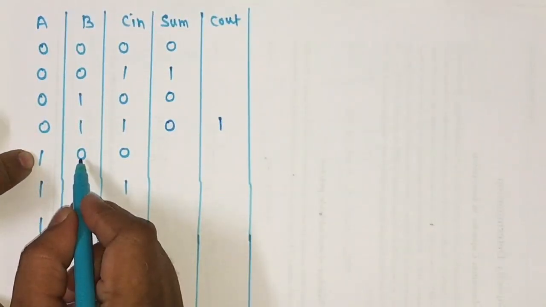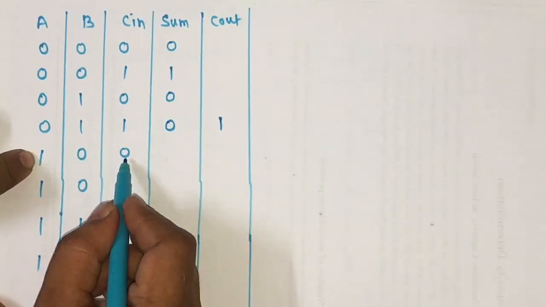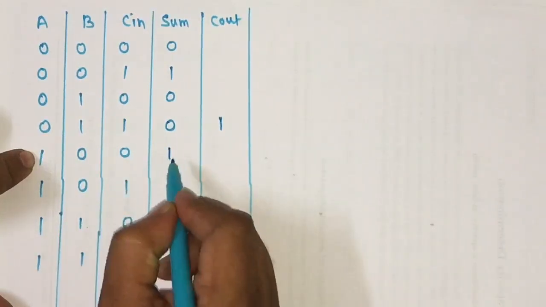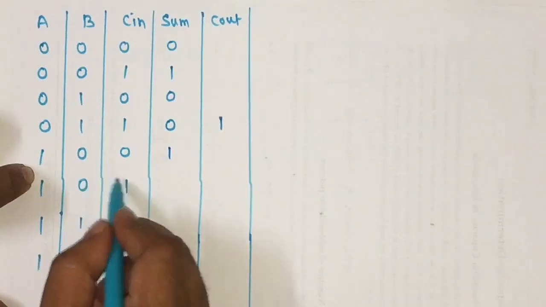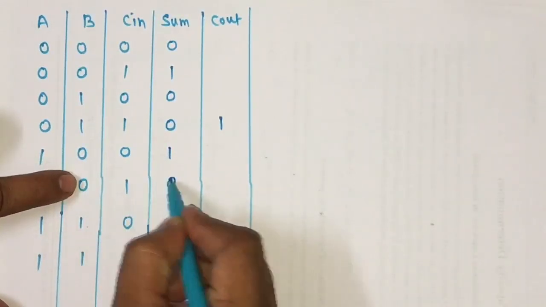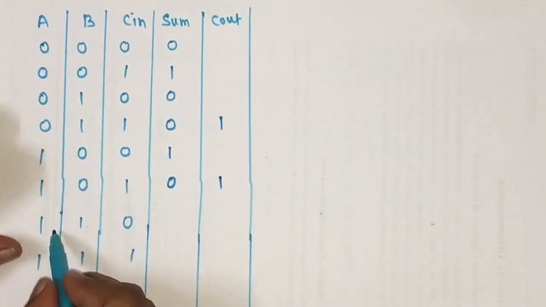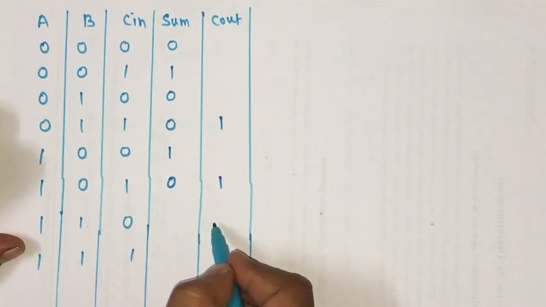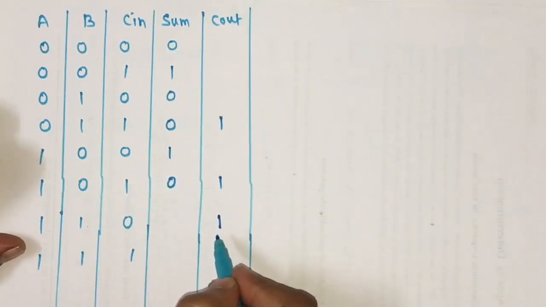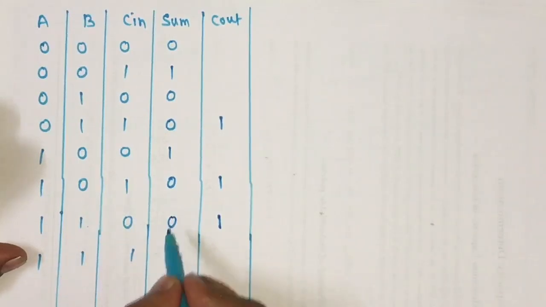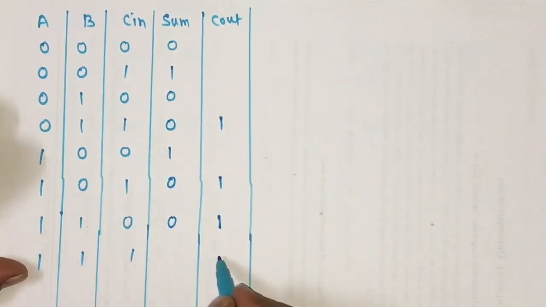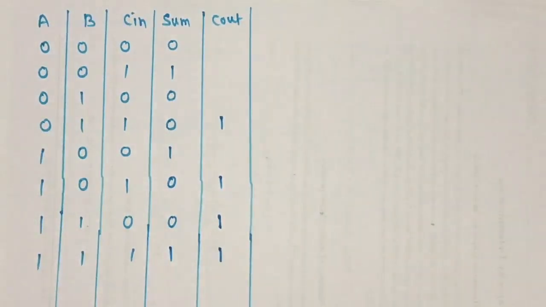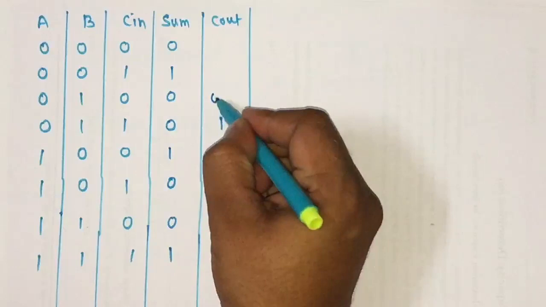Then 1 plus 0 is 1, 1 plus 1 is 0 with carry 1, and 1 plus 1 plus 1 is 1 with carry 1. The remaining carry bits are 0.